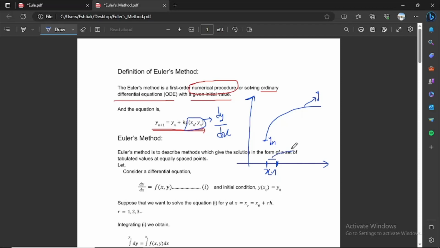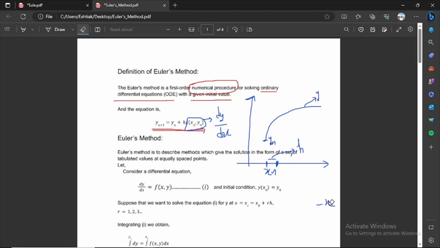This difference is called h, and h will always be constant. That means h is a constant, which will be x(n+1) minus xn, and this will be our constant form.